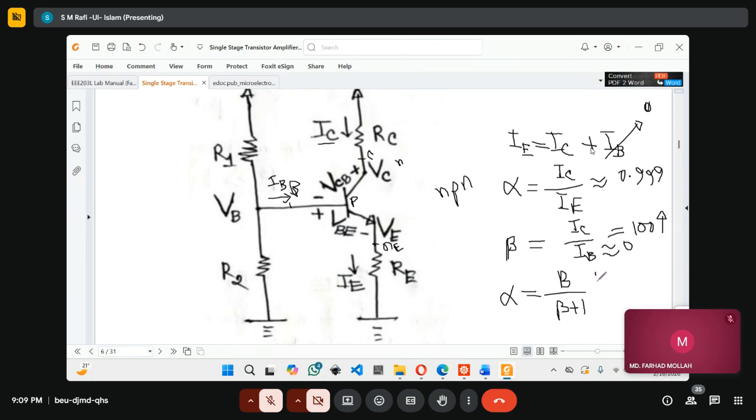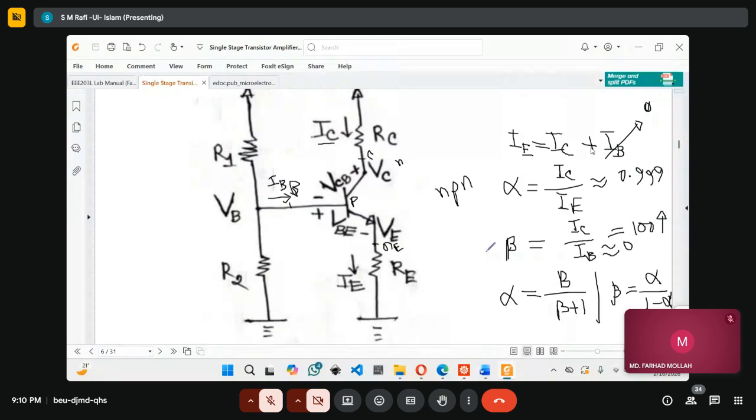If you rearrange this equation a little, you can express beta with respect to alpha: beta equals alpha divided by 1 minus alpha. If I'm not wrong, you can check. I can make a mistake sometimes. Is it fine? This is the basic relation. Probably you have learned it in some courses in third year perhaps.